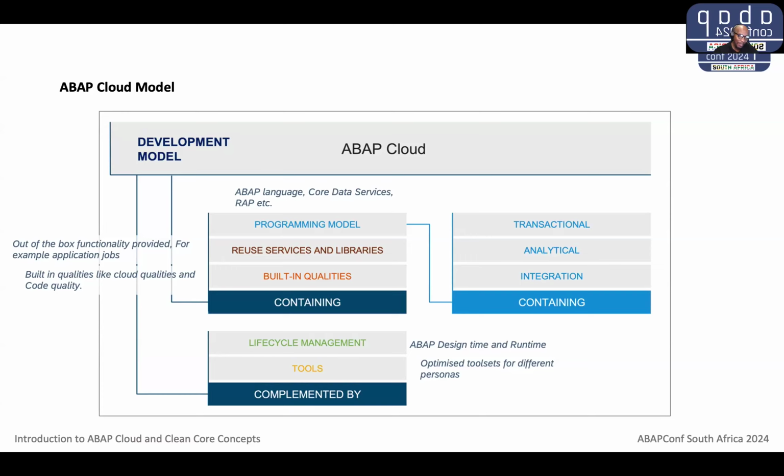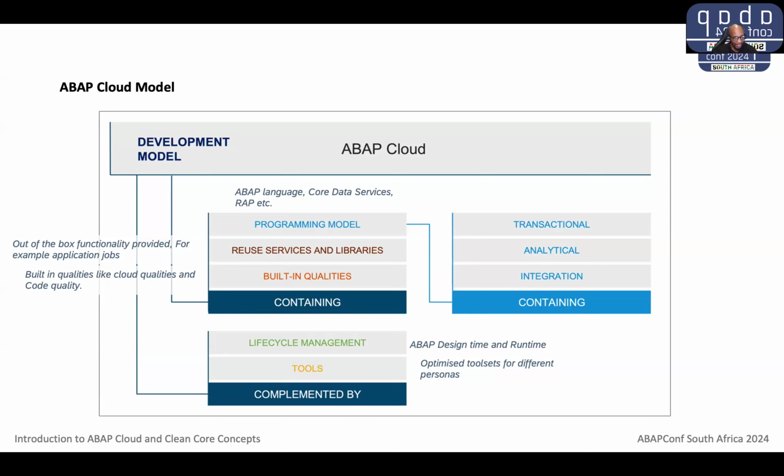And then this model is complemented by a couple of things. So it's the lifecycle management, which is the regular ABAP design time and runtime environment around how objects are managed and transports and versioning and things like that. That forms part of your ABAP Cloud environment. And then there are tool sets that are provided basically for supporting you when you do your development.